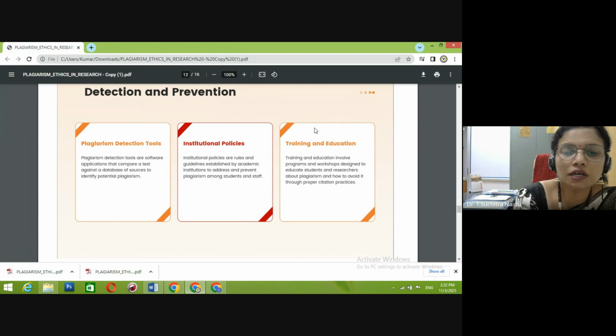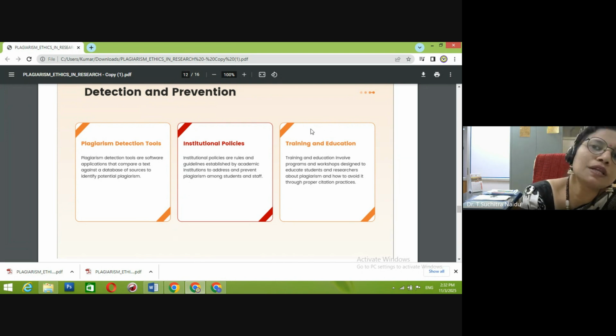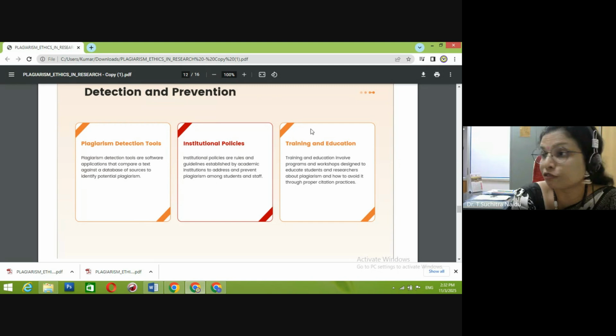Before bringing out an ISBN book, we check for plagiarism, and there we restrict the plagiarism level to 35% or 40%. This is an institutional policy again, so it varies from institution to institution. That's about institutional policy and how the seed money has to be dispersed. All these things come under institutional policies.